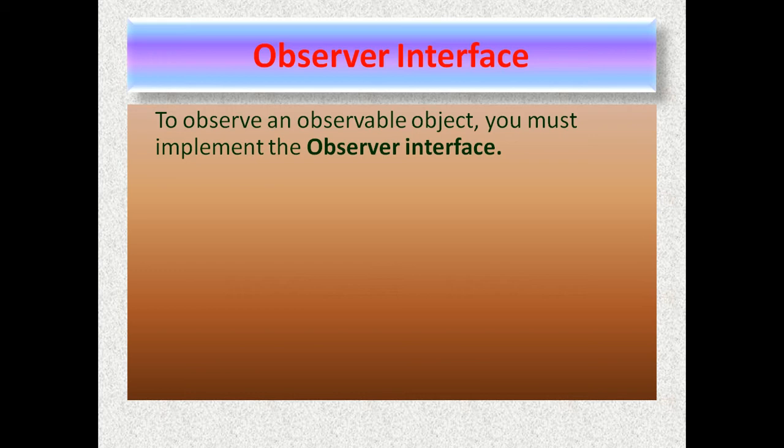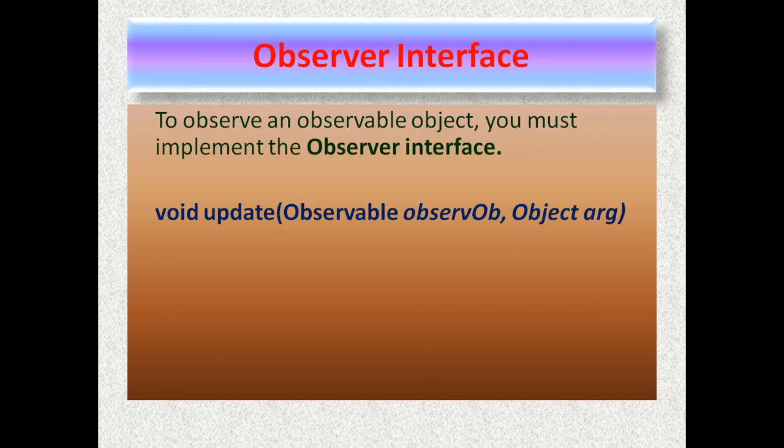So whenever you want to make an observer, you need to make the class implement the observer interface. This observer interface has a method named update, which takes two parameters.